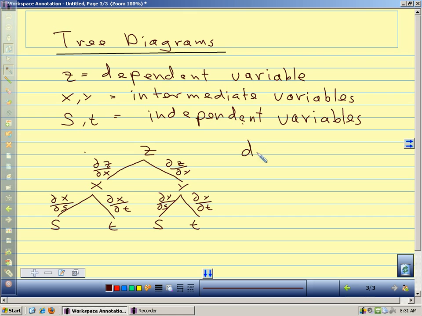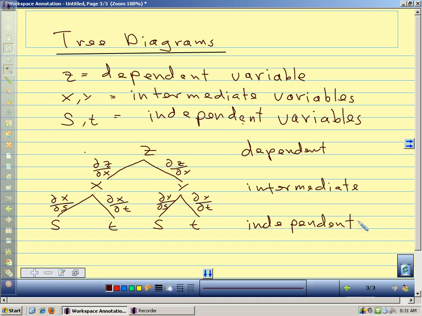So we have our dependent, intermediate, and independent variables.